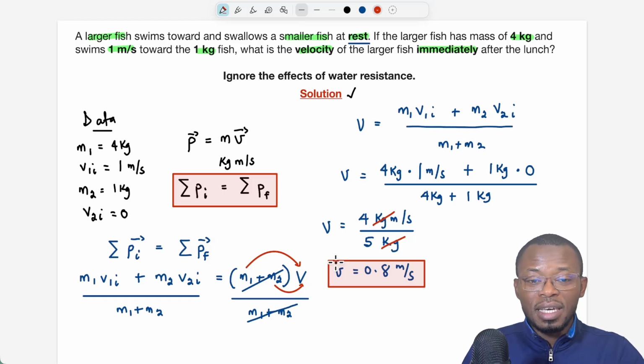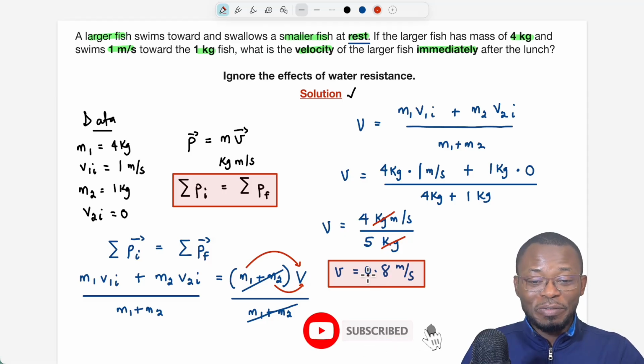Just as in this case, a larger fish approaches a smaller fish at rest and then swallows the smaller fish, so now they are together as a unit. Immediately after the swallowing, we have calculated the velocity and we can see the mass added up, so the speed reduces. The speed for the larger fish went from 1 meter per second to now 0.8 meters per second. What a lunch, right?